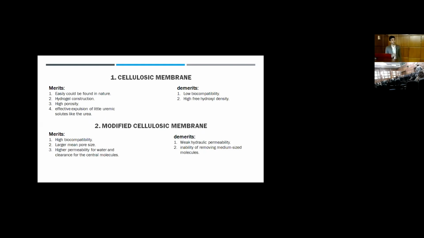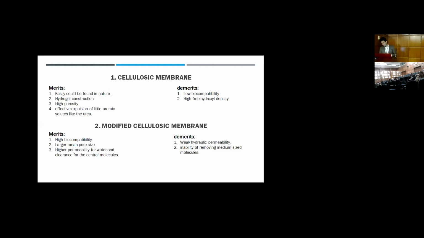But then it was no longer used because it has low biocompatibility. And if anyone here doesn't know what biocompatibility means, it is the property of a material to be compatible with living tissue. So it was a pivotal reason to no longer use this kind of membrane.